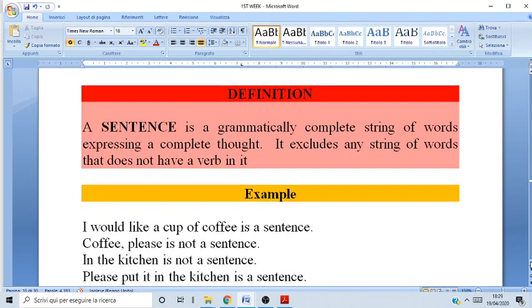And I want to give you a further definition of sentence in semantics. Okay, so far we just said that it's a grammatically complete string of words that expresses a complete thought. Okay, we said that a sentence follows some specific rules. Remember that a sentence always has to have a verb in it. If it does not have a verb, it is not a sentence.